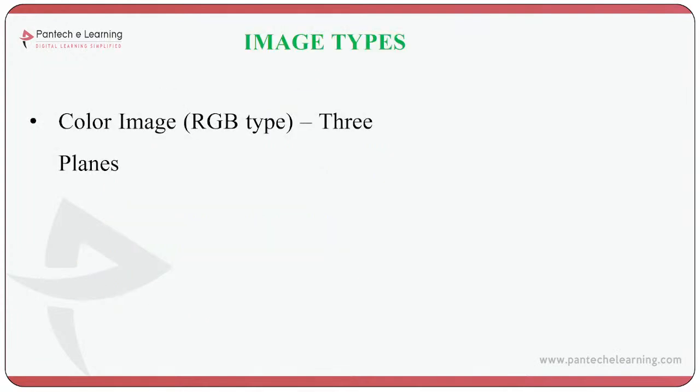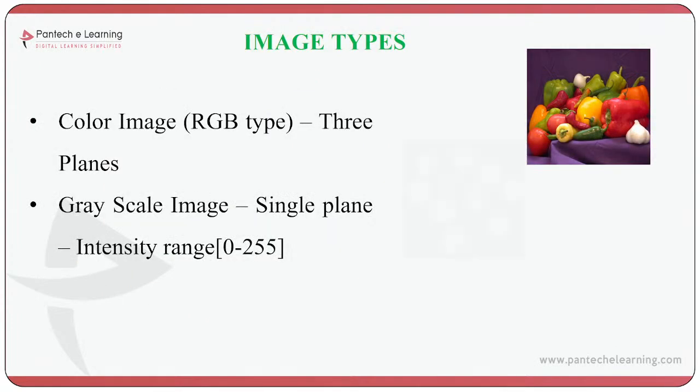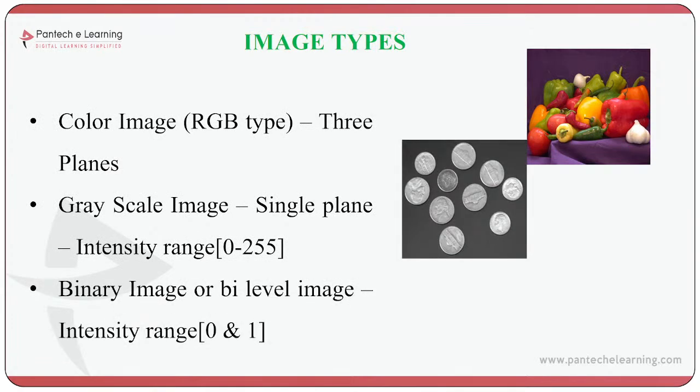What are the types of image we have? Image types. We have the RGB type, which is a color image. RGB means red, green, blue.